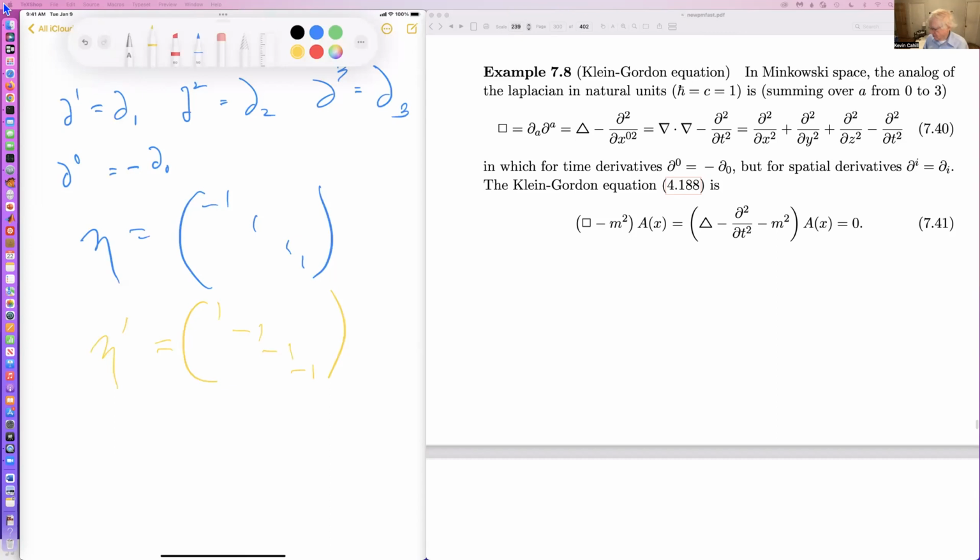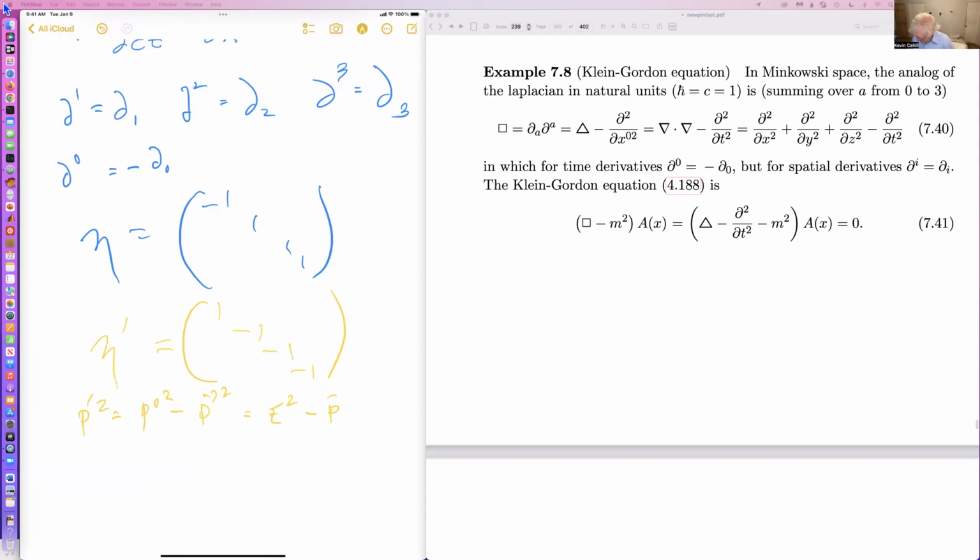People like it in particle physics because then they say p prime squared is then p0 squared minus p vector squared, and that is e squared minus, let me just for the moment use units where c and h bar are 1.